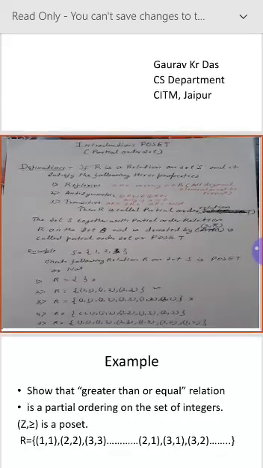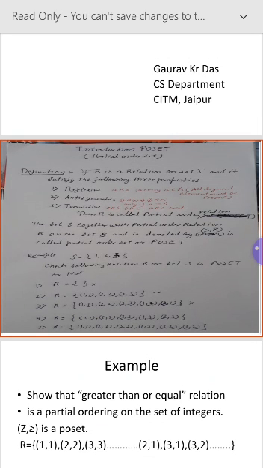Now the transitive relation. If in any relation we have the form A related to B and B related to C, then for the relationship to be transitive, there must be A related to C. It means (A, C) must be there to make the relationship transitive.